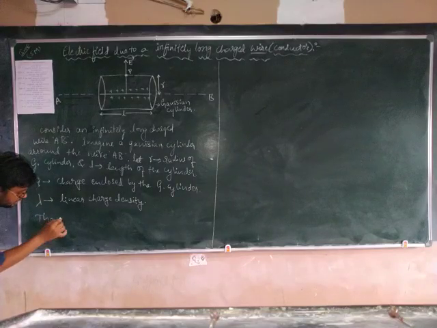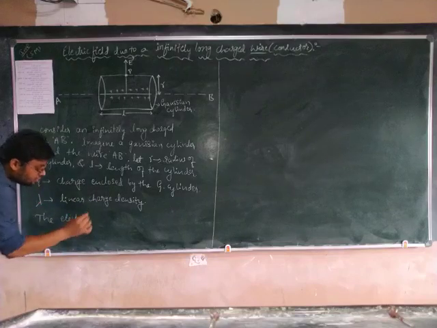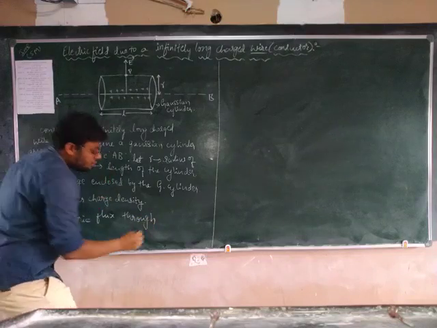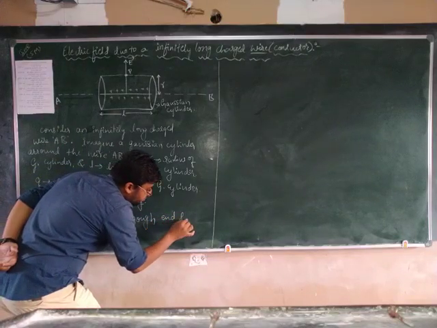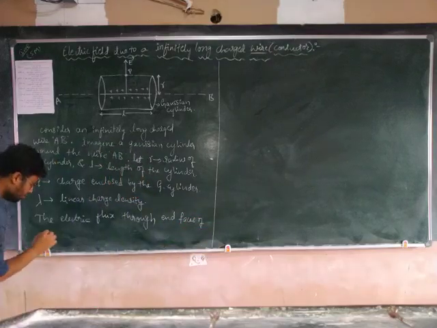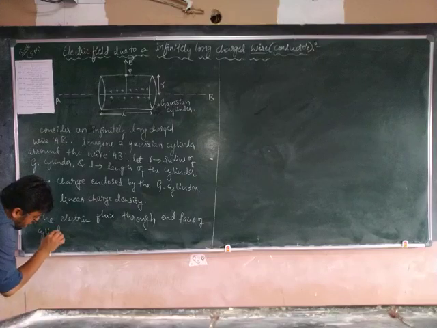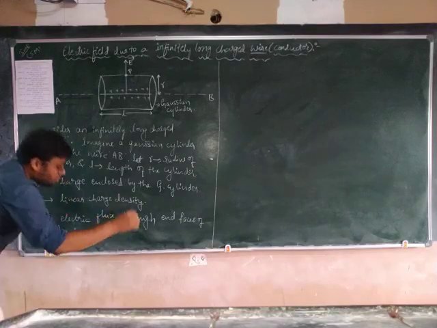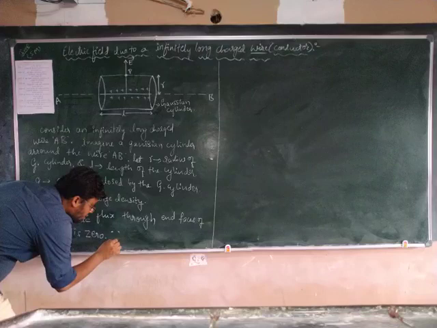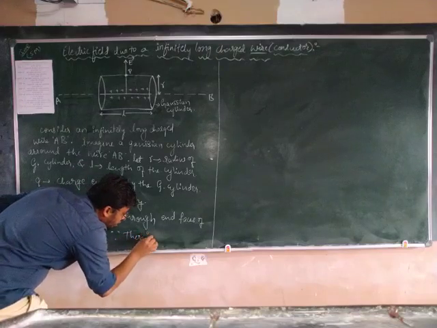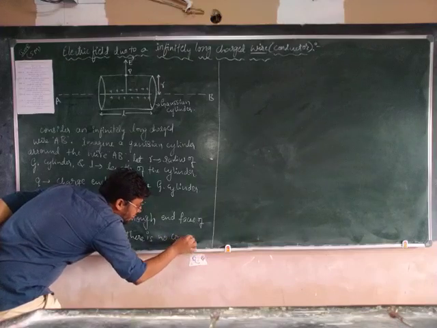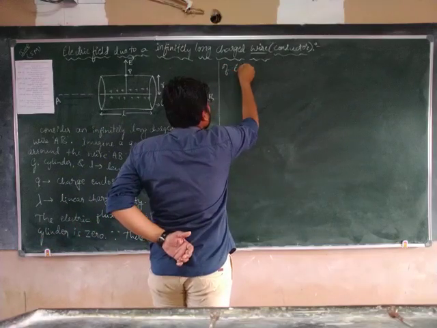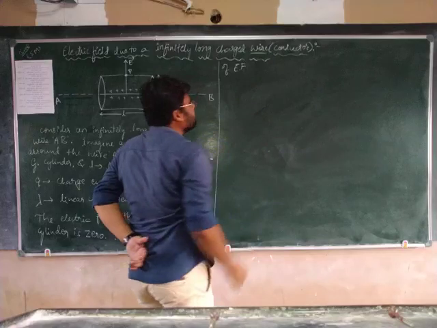The electric flux through end faces of cylinder is 0 because there is no component of electric field, right?